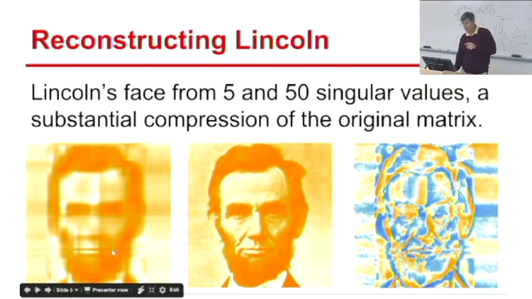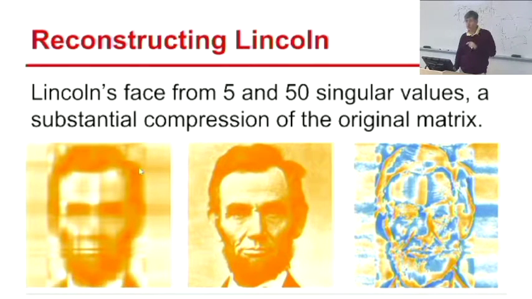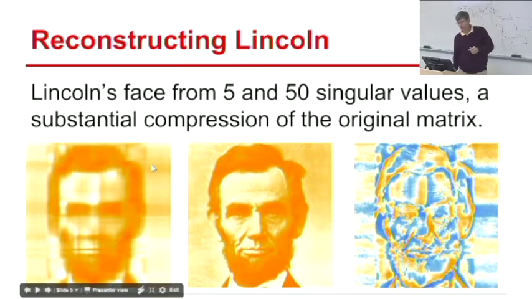But the impressive thing is that this is a 512 by 512 image of Lincoln, built by just the first 5 of the singular vectors. Keeping just 5 of the vectors, since we're keeping 5 on this side, 5 on this side, and 5 in the middle, is about 2% of the numbers of the original matrix.